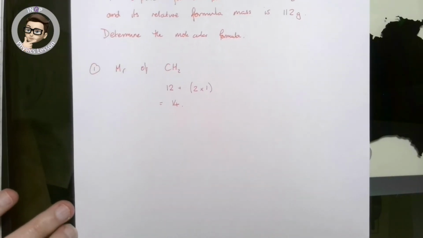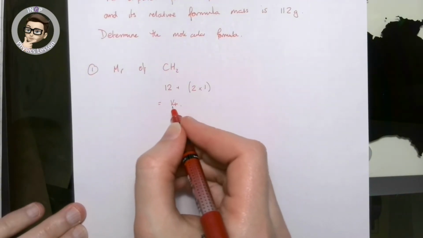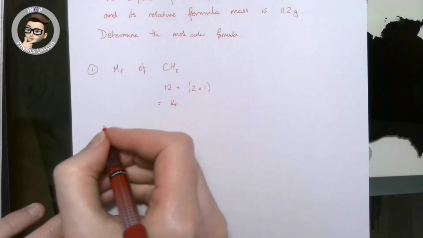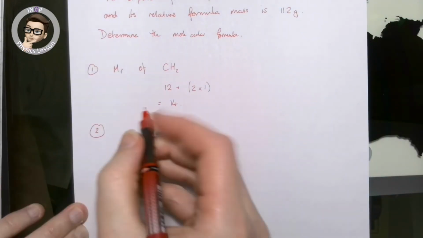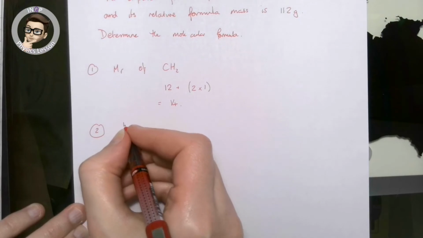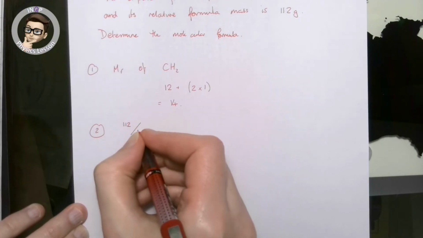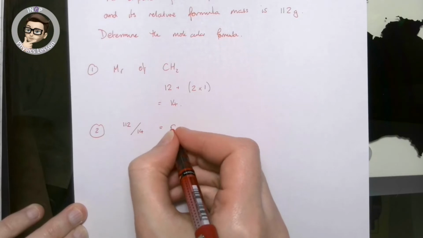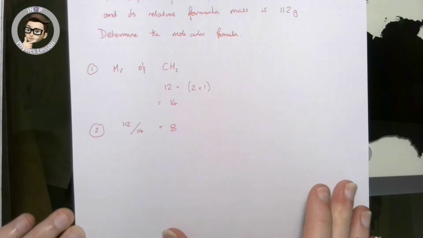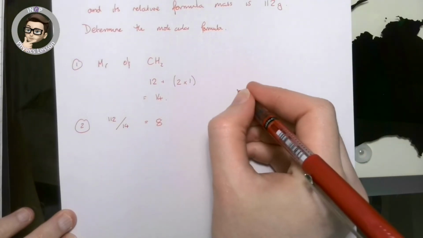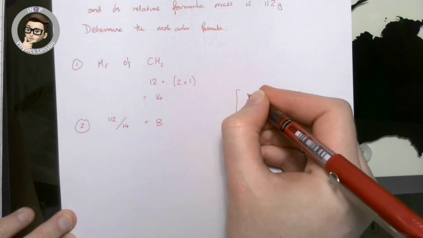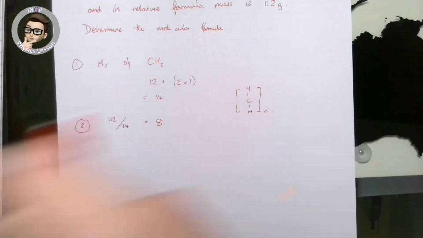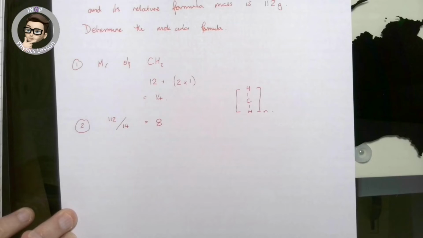We're then going to see how many lots of that 14 goes into the relative formula mass. So effectively part 2 of this is to divide the mass that we're given, 112, by the empirical formula mass, which will give us the scaling factor, how many times we're going to have it. Because what we've got is we're saying I've got a C, an H, and an H, but I've got n lots of it, and how many n's am I going to have?